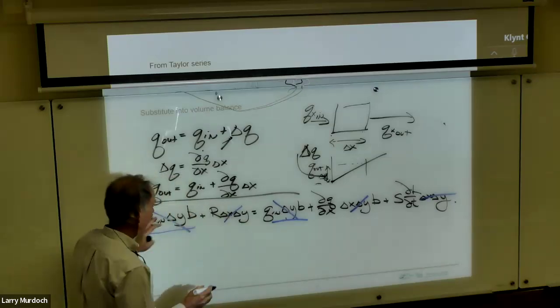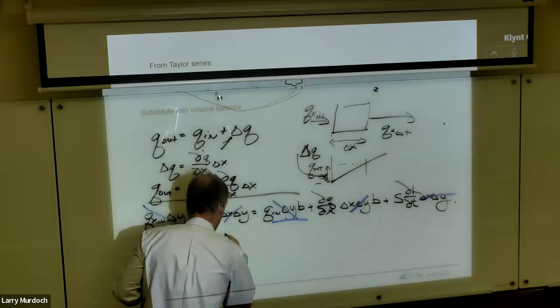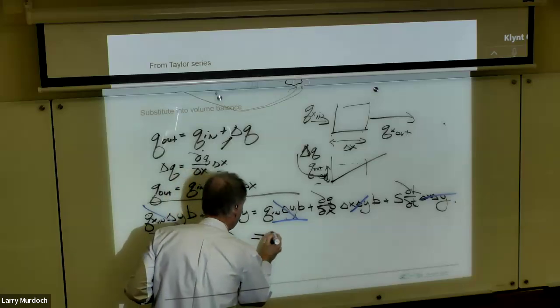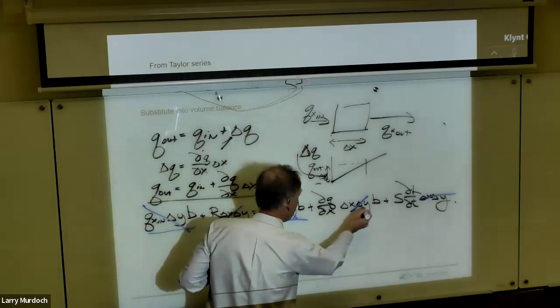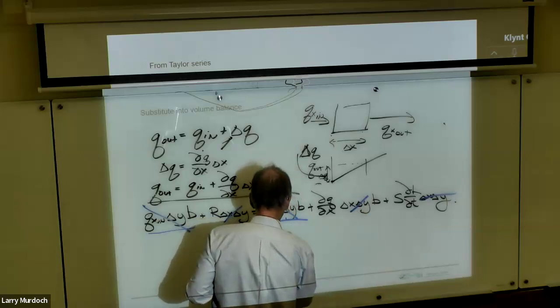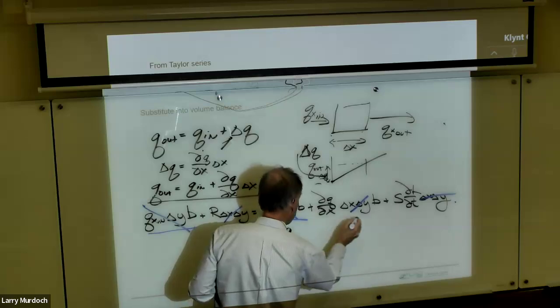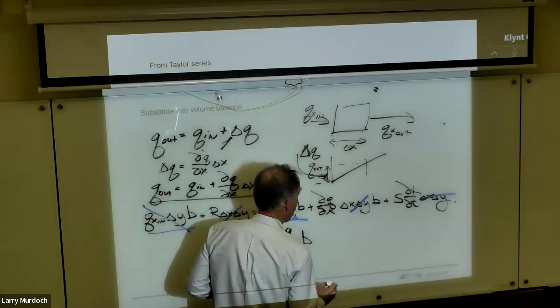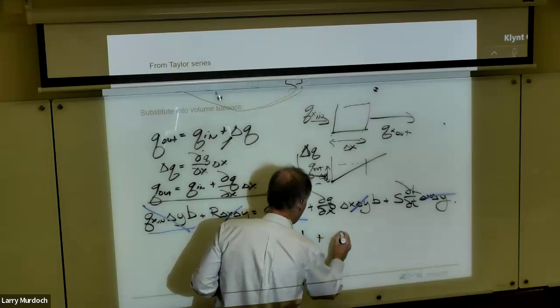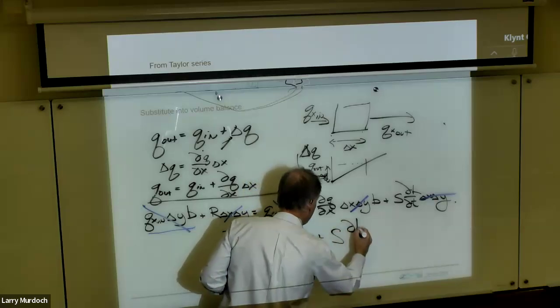All of this stuff now just simplifies to R. And this is dQ/dx times B. And this is S dH/dt.